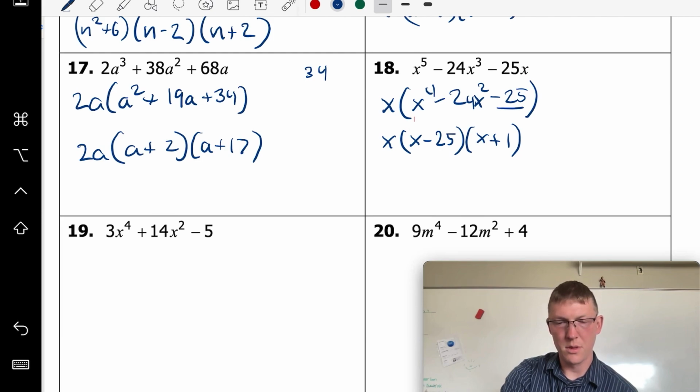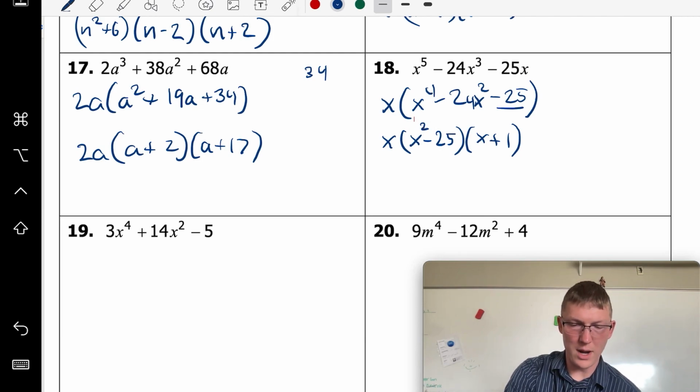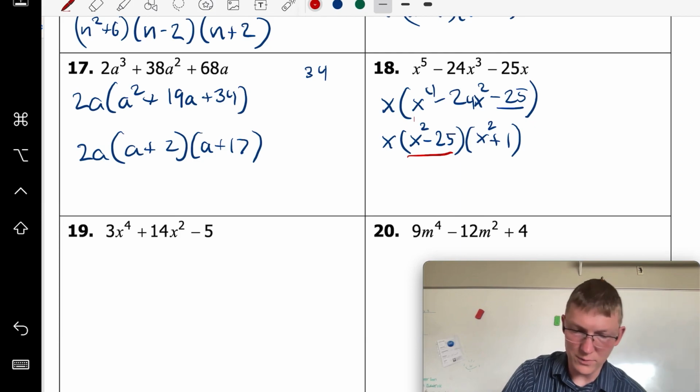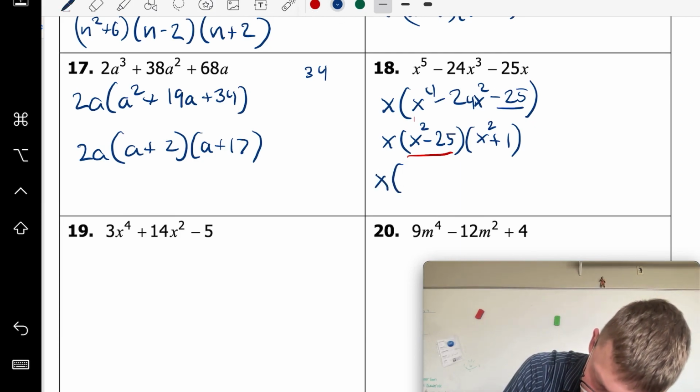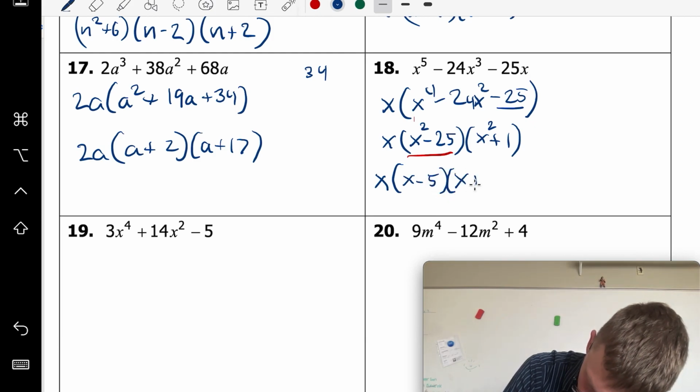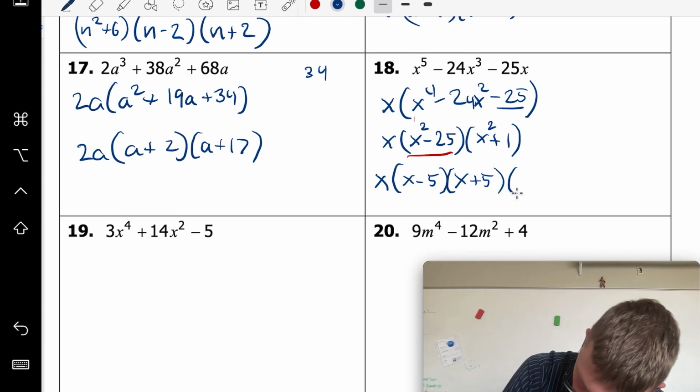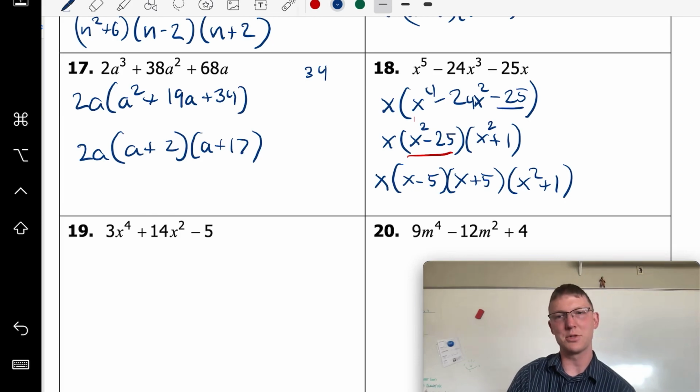This is going to be an X squared and an X squared, which then turns this into a difference of squares. So now we're going to have X minus 5, X plus 5, and we're going to have X squared plus 1. There you go. I almost tricked you.